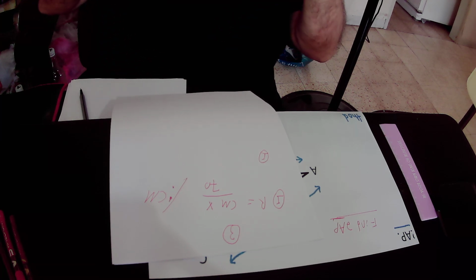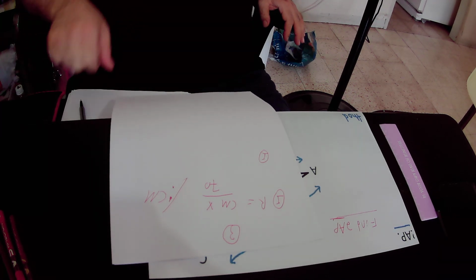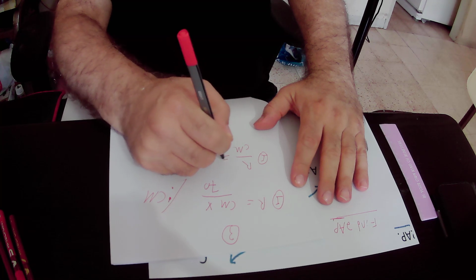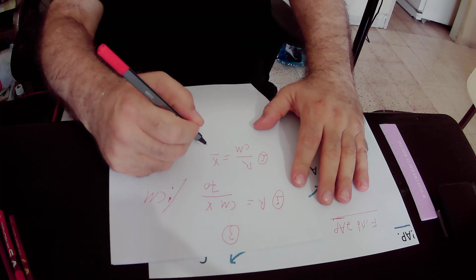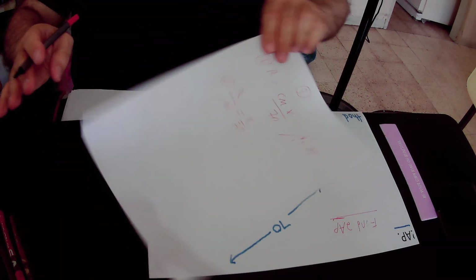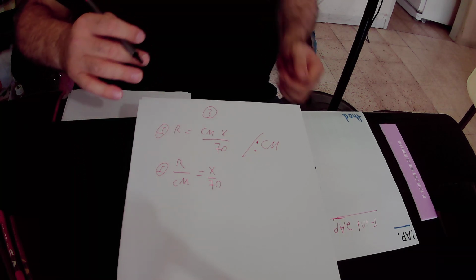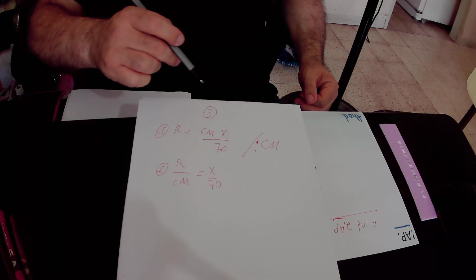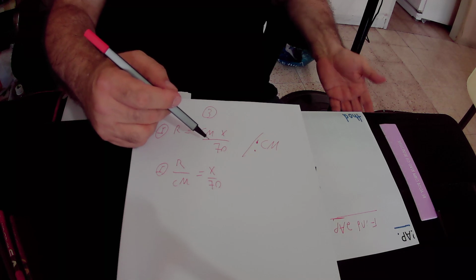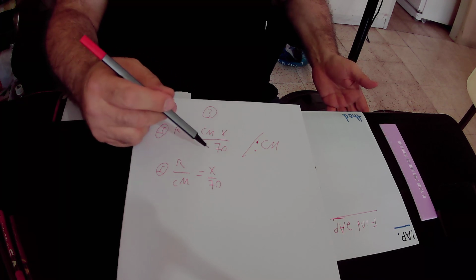It can never be zero, so it is allowable to divide both sides of the equation by CM.